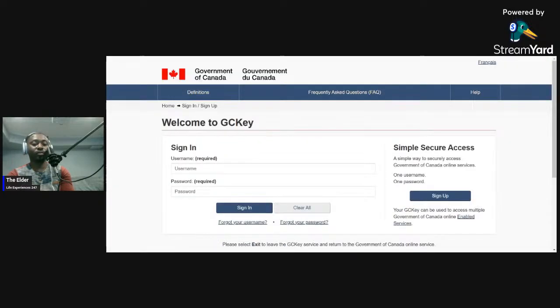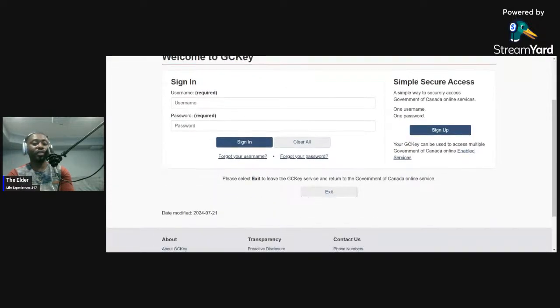So we come here, and as I said, since I already have an account, I'm going to log into the account I created in the last training session. But let me go and find the login details first. This is not my main IRCC account though.